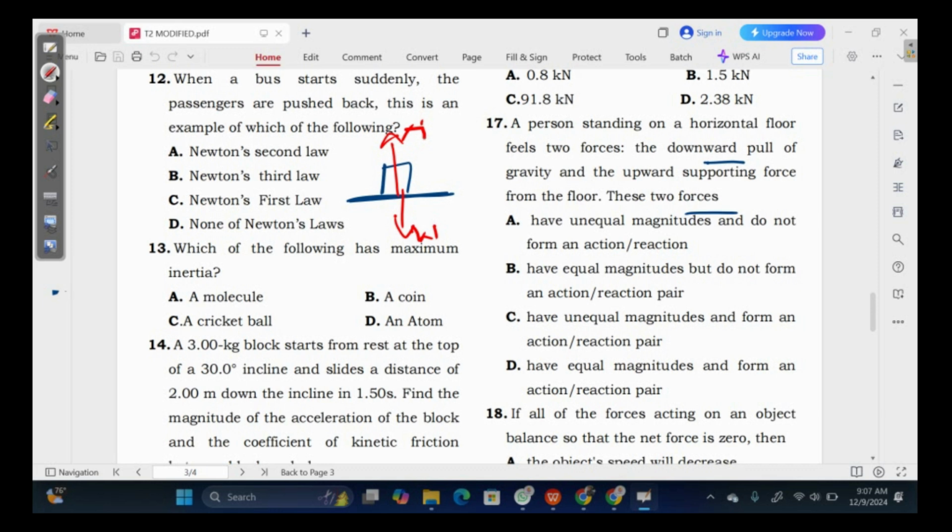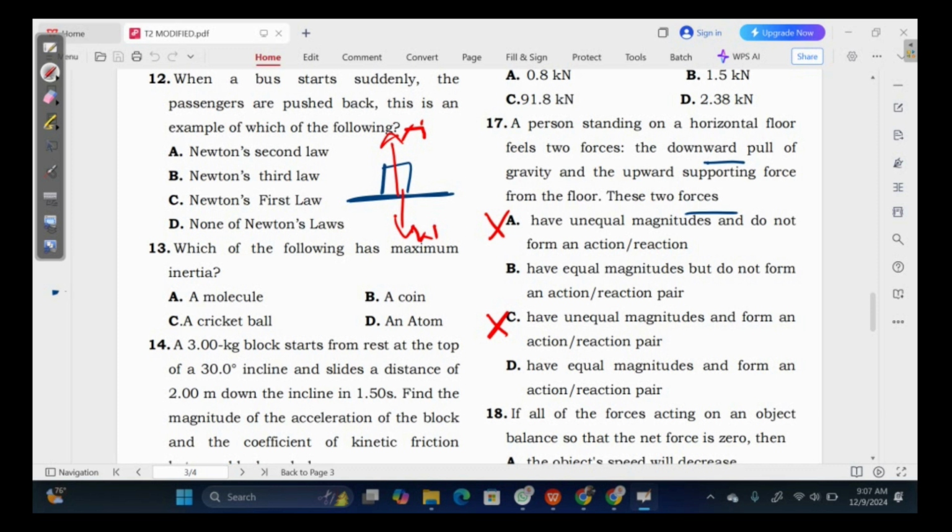So the moment you see something which is talking about having an equal, that is not correct. They need to have the same magnitude because they have to cancel out.